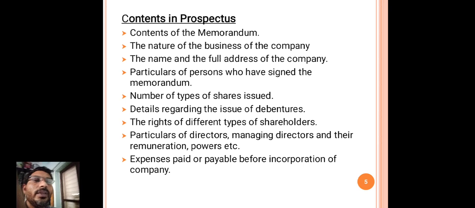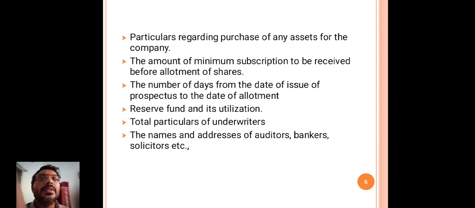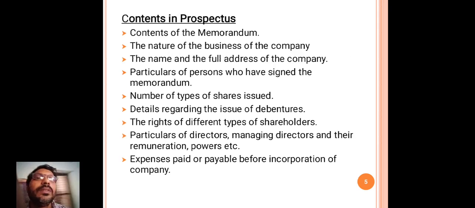The rights of different types of shareholders. Particulars of directors, managing directors and their remuneration, powers, etc. Expenses paid or payable before incorporation of the company. These are the contents available in a prospectus.